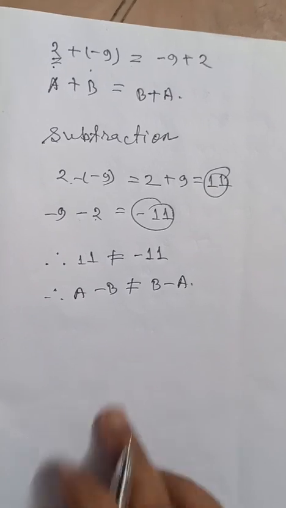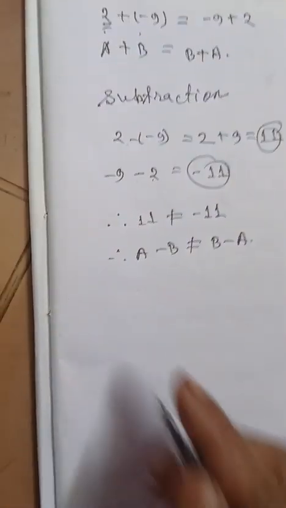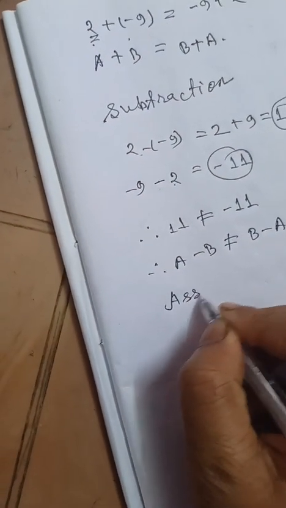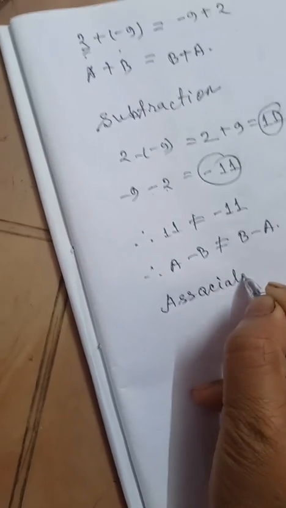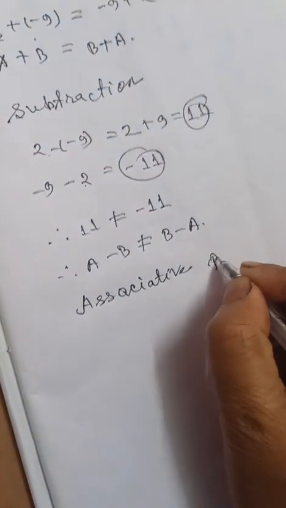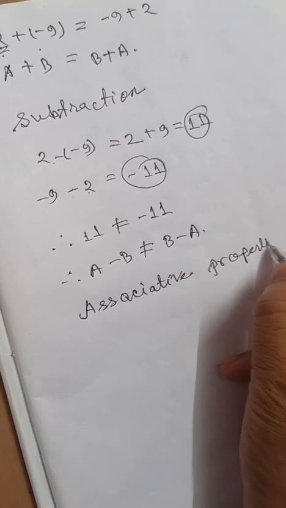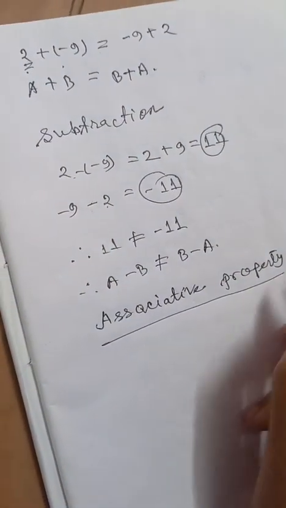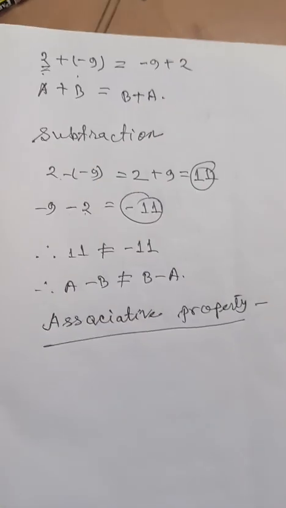Okay. Then see associative property. Here we take 3 integers. Okay.